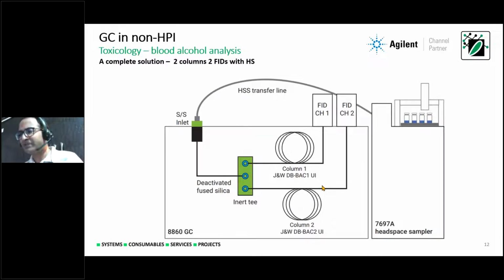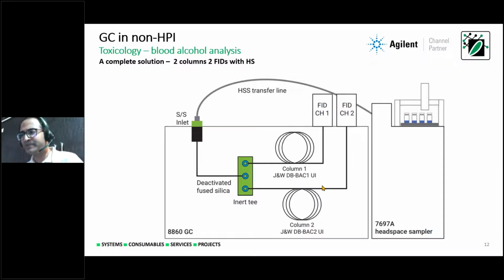And once again, as you can see, the hardware looks very similar to what we saw in case of USB 467. We have the headspace, we have the inlet, once again the inert T is used, and then we have again the two columns, two FIDs hardware arrangement.